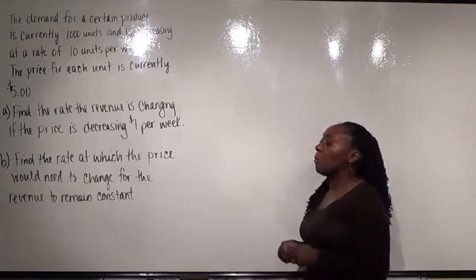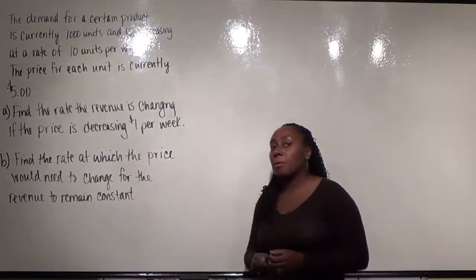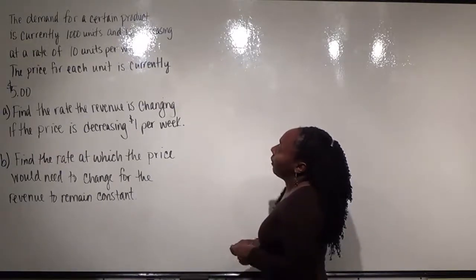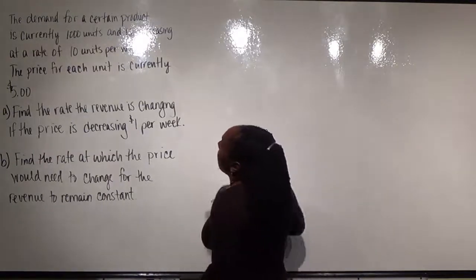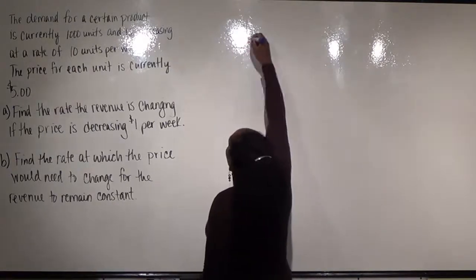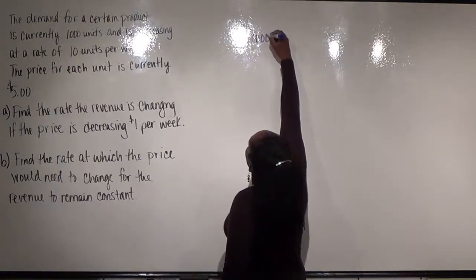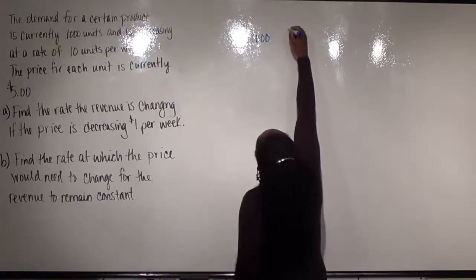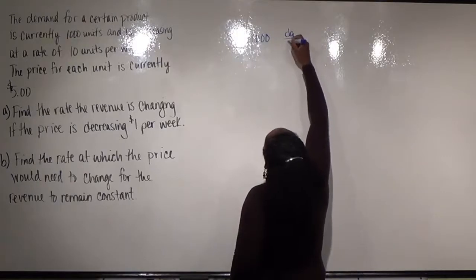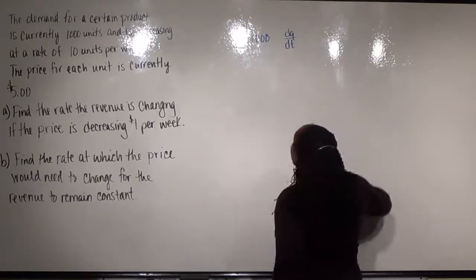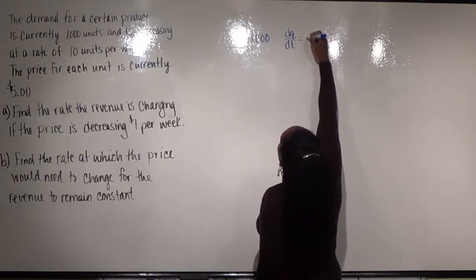So to start out, we're going to use basically the same equation for both of them. If we look, we are given that the demand for a certain product is currently 1,000 units, and that the rate it's increasing per week, so again there's that implicit function of time, is 10 units.